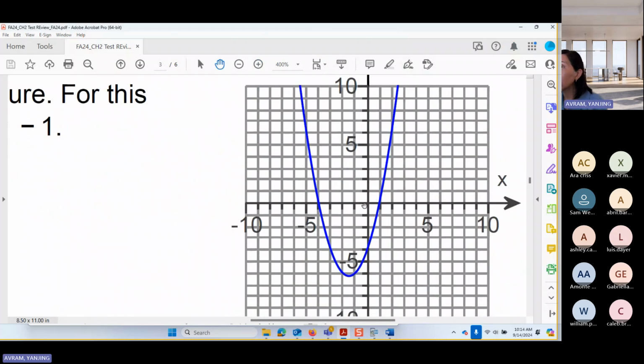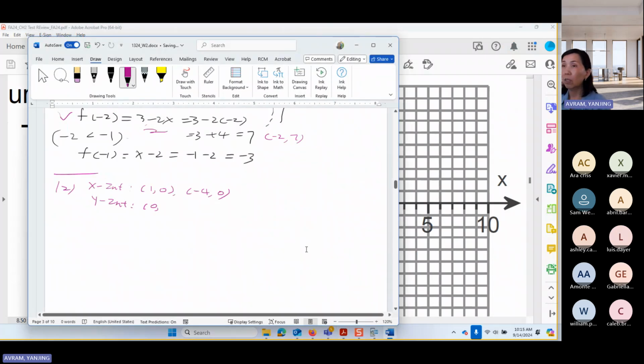That's 0 here, so that's 1 and 0, that's 1, 2, 3, 4. Yeah, that's right. And then that's 0 and negative 4. So A will be equal to 1 or A equal to negative 1.